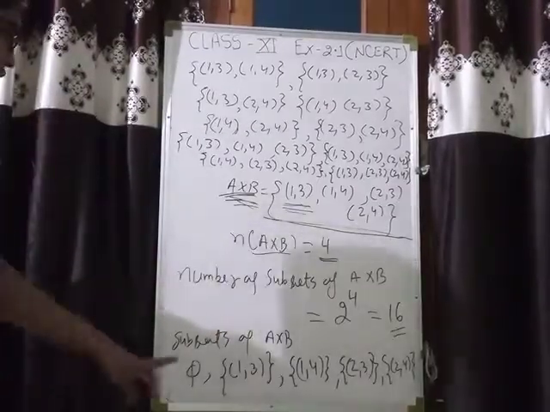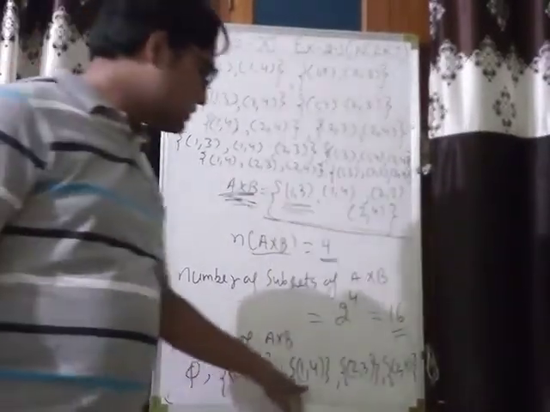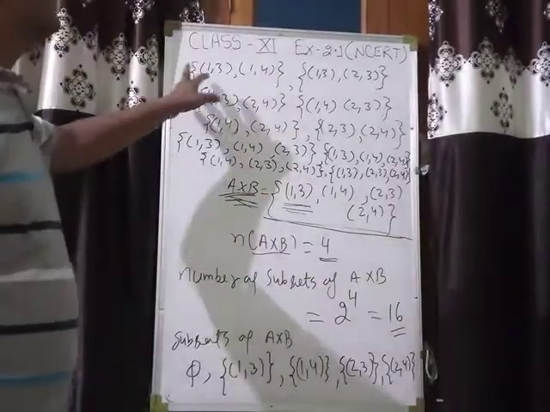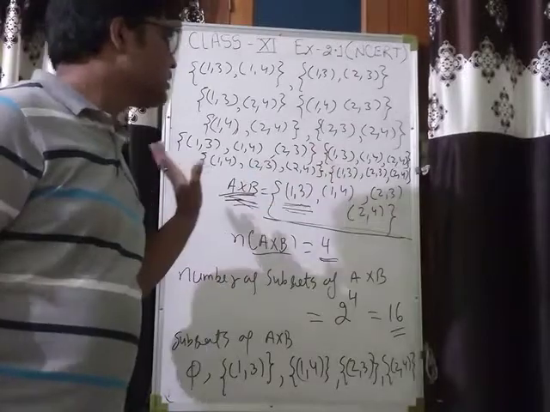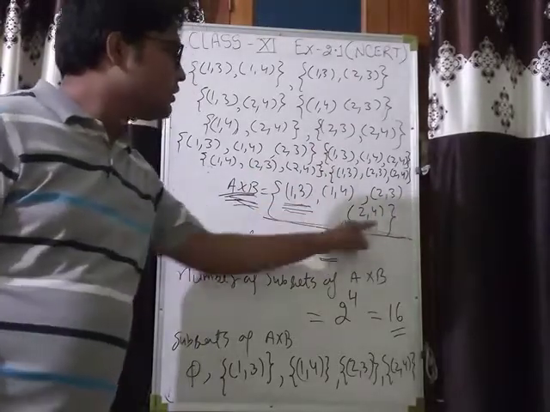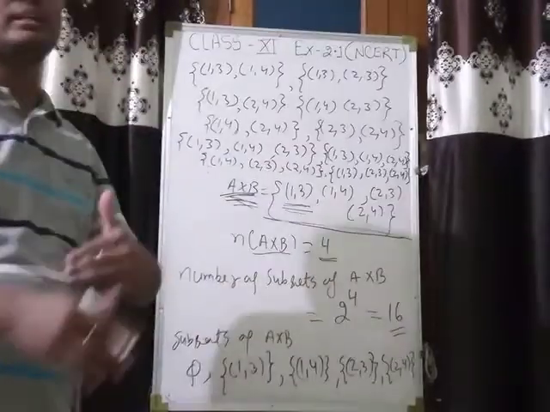Now you can count the null set, subsets having 1 element, subsets having 2 elements, subsets having 3 elements, and the subset having all 4 elements, meaning the set itself.